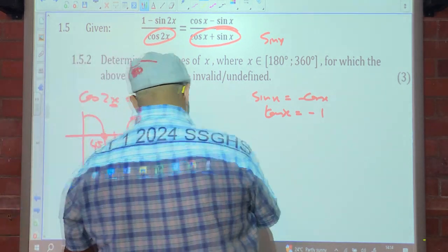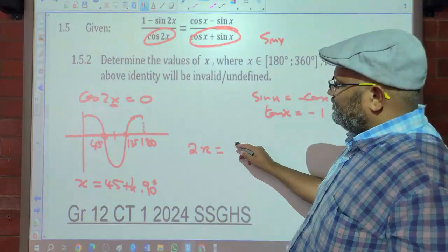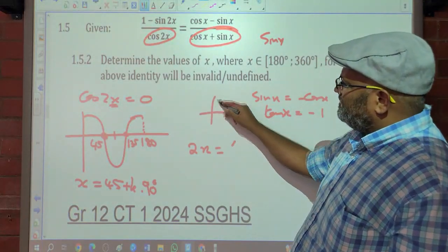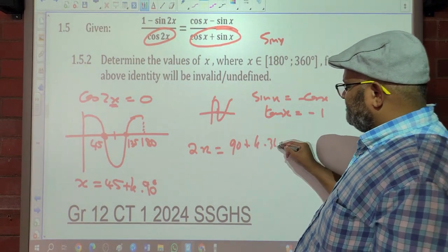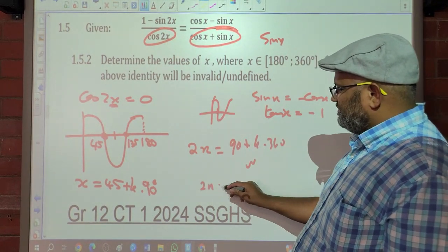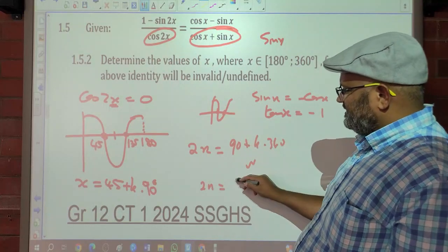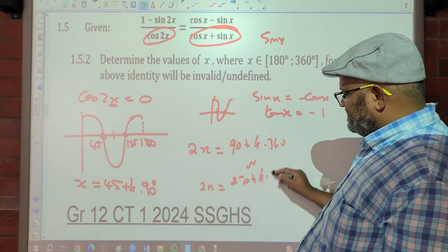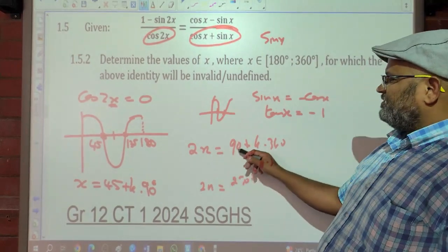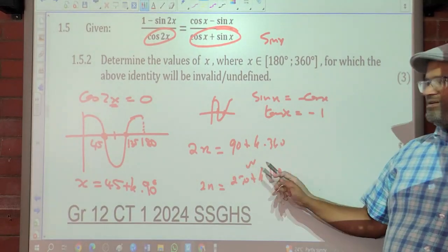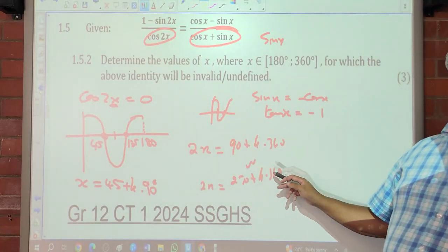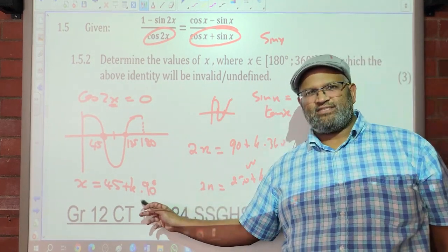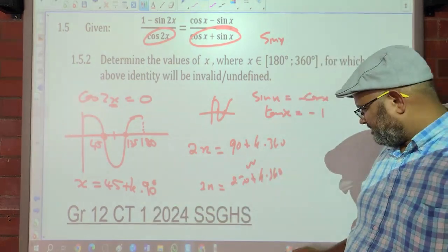So the 2x is equal to the normal cos graph at 90, so it's 90 plus k times 360, or 2x is equal to 270 plus k times 360, which is now x is equal to 45 plus k times 180, or x is equal to 135 plus k times 180. You could have written it like that, or in one like this. Okay?